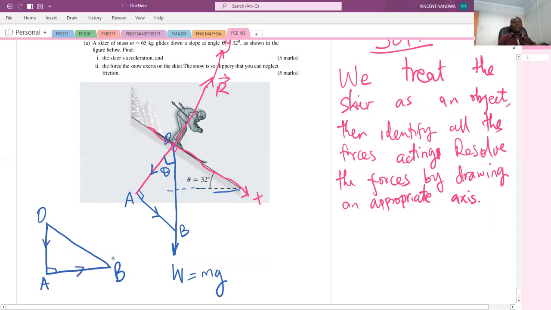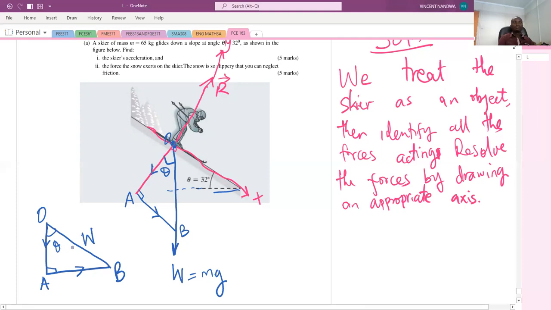Remember, the length of OB is the weight of the skier, and the angle theta is at point O, which is the same as 32 degrees.